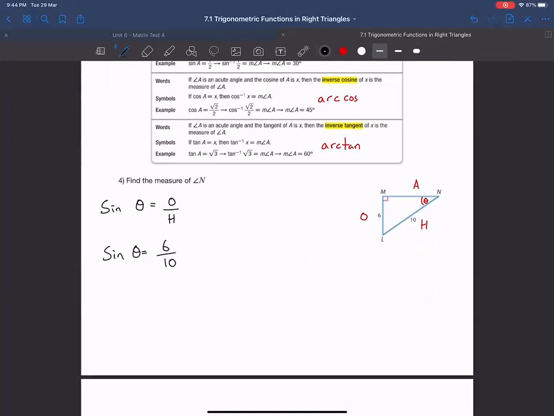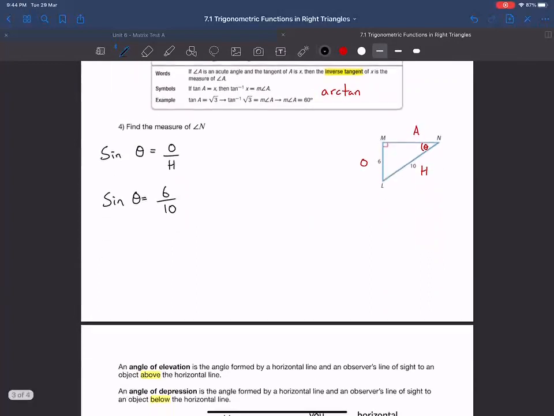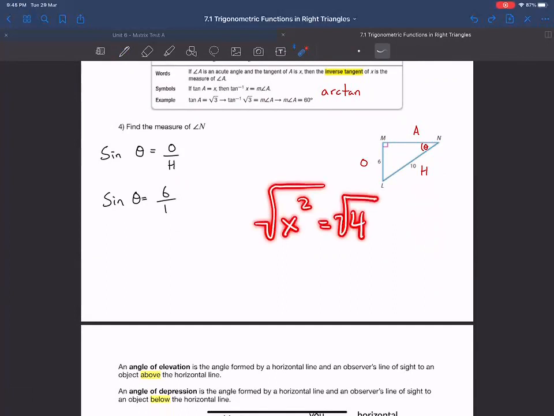Now, what's really happening as to how we get this answer is, if you think about it, and don't worry about writing this down, if we had x squared is equal to 4, how do we solve this? We really take the square root of both sides, and the square root and the square kind of cancel out.